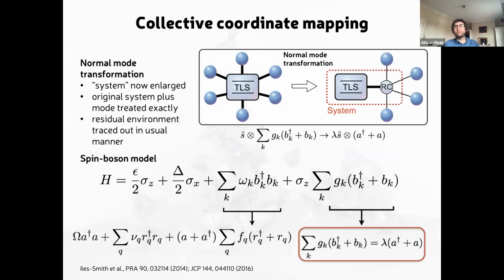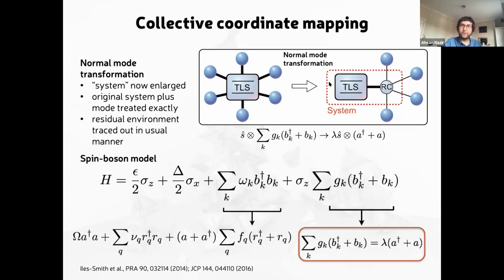Okay, so here's a little bit more detail on the collective coordinate mapping. So let's just consider a single two-level system to begin with for simplicity. And it's coupled to some collection of harmonic oscillators. They're drawn as discrete here, but that needn't be the case. It can be a continuum bath of harmonic oscillators.